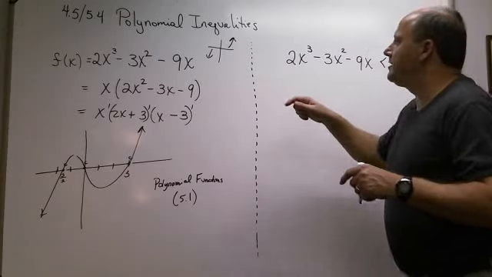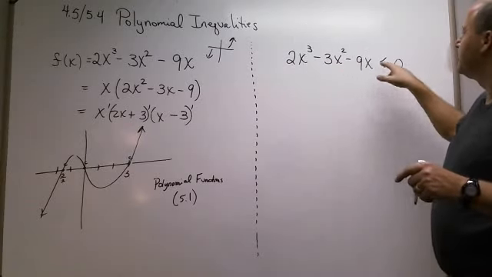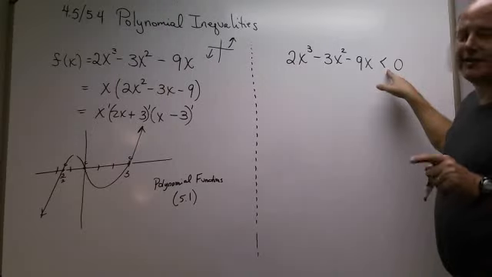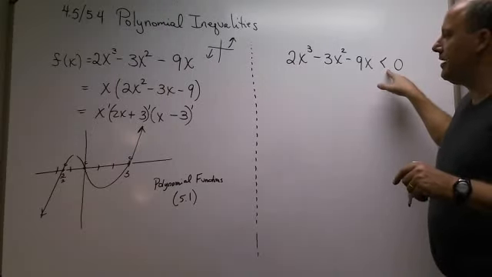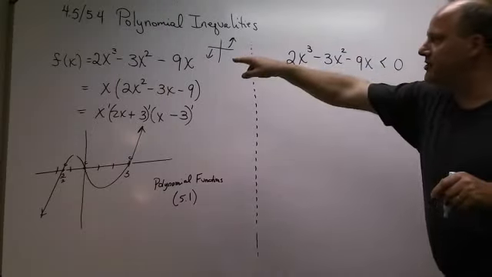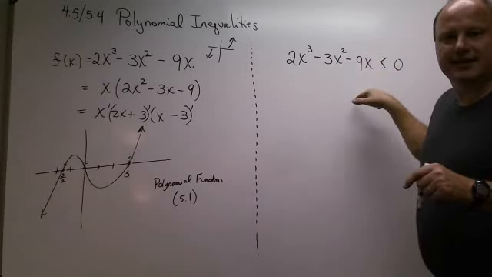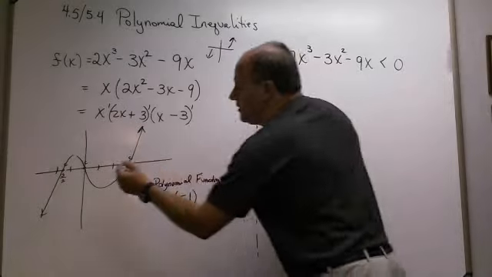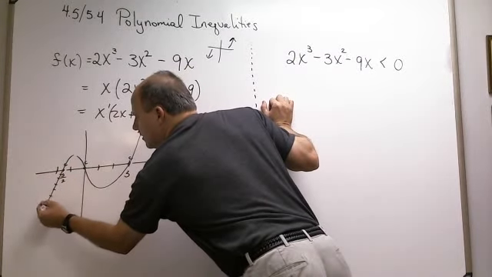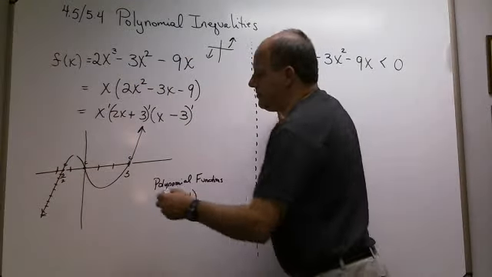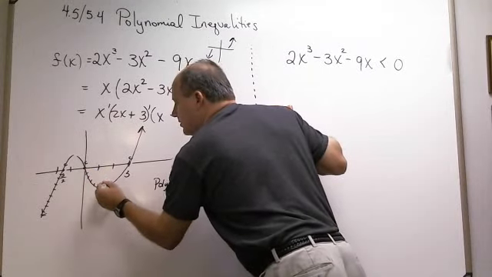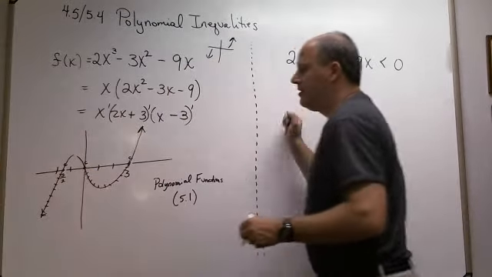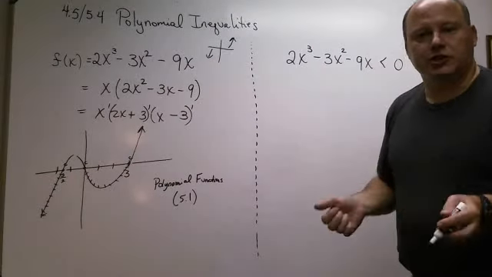So I'm translating the polynomial inequality to just less than 0. Less than 0, not equal to, just less than 0. So in this case, I want to know when the function is below the x-axis. So in essence, I am looking for this piece because it's less than 0 there, and it's less than 0 here. So just by looking at the graph, I know what the answer should be.